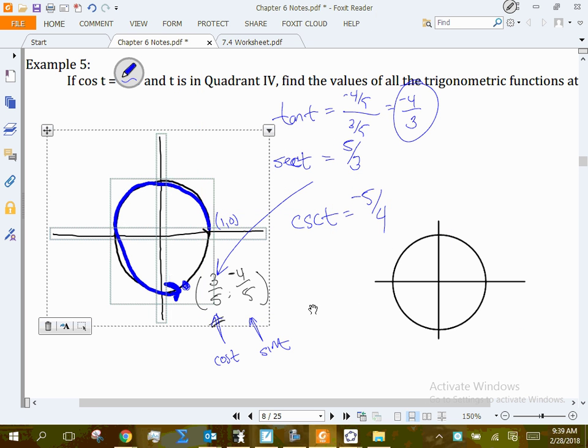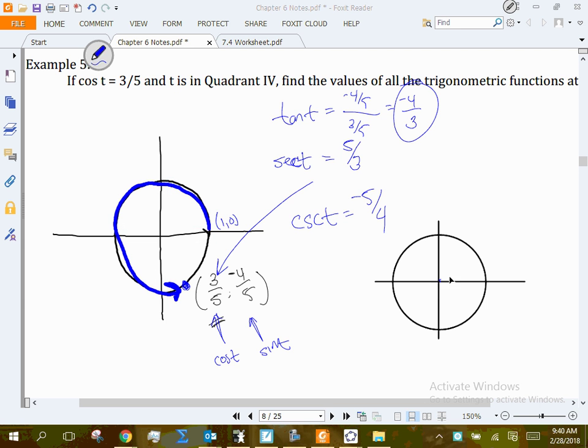If we were in chapter 5, what we did when I said cosine of t is 3/5 and t is in quadrant 4, we kind of did this thing, didn't we? We drew out our angles. That angle, we didn't call it t, we probably called it theta, provides a terminal ray like that, right?